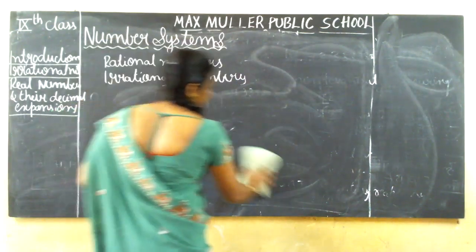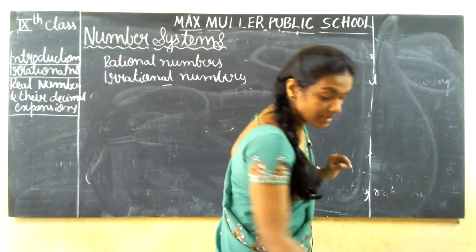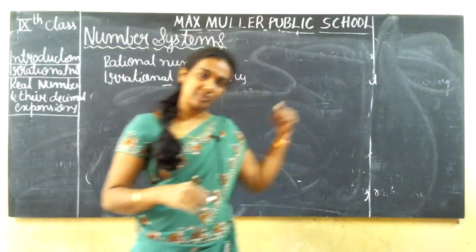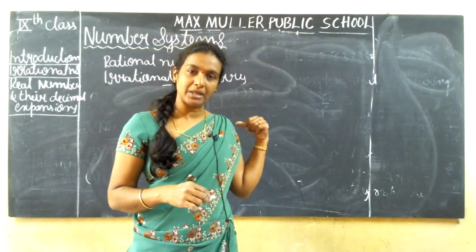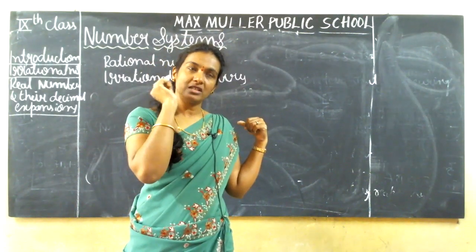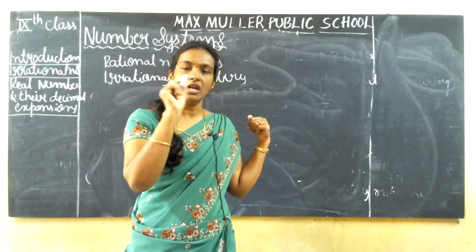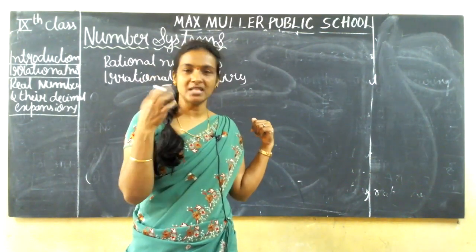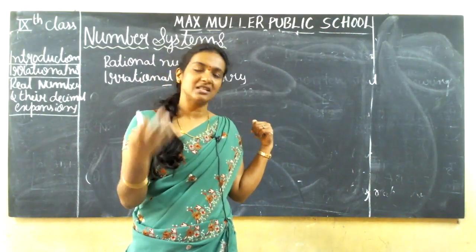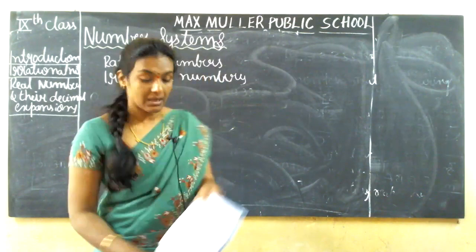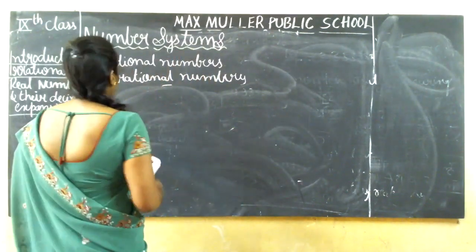As I explained in the previous example, 0.256, if you take a denominator of 1, then you can say it is in P by Q form, so it is a rational number. Then how can you convert them into rational numbers? Let us see one by one.